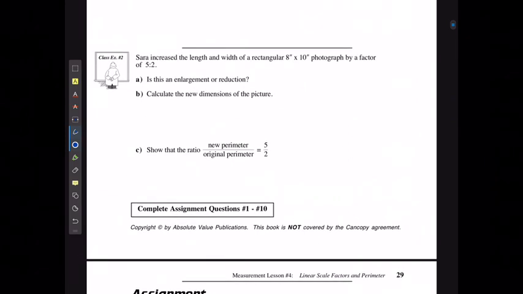For example 2, Sarah increased the length and width of a rectangular 8-inch by 10-inch photograph by a factor of 5 over 2. Is this an enlargement or a reduction? Well, when I'm given the scale factor, if the number on the left is bigger than the number on the right, it is an enlargement. Calculate the new dimensions of the picture.